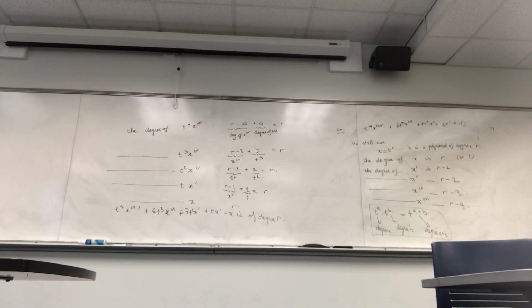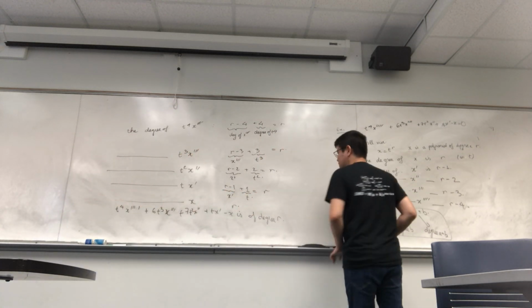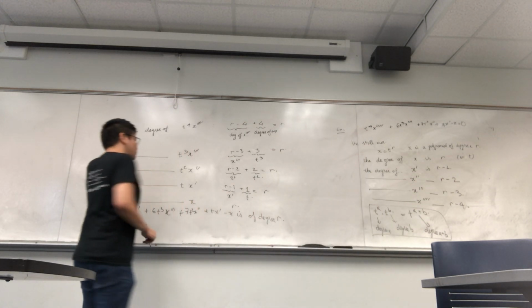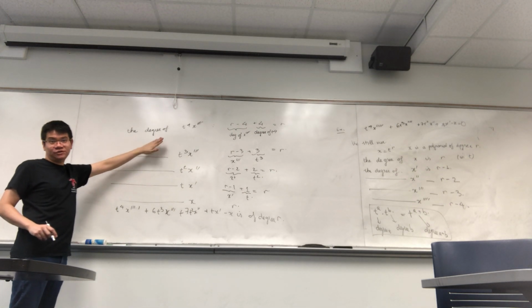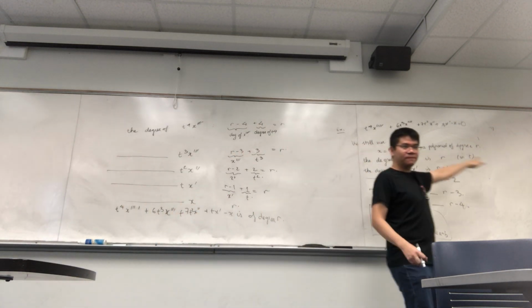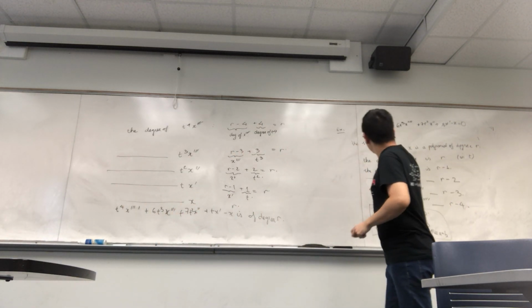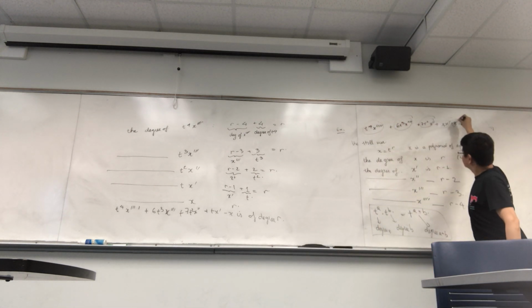Let me explain in detail why it works. So for a differential equation, you have to see that all of the terms have the same degree, and then you can use the method of characteristic.